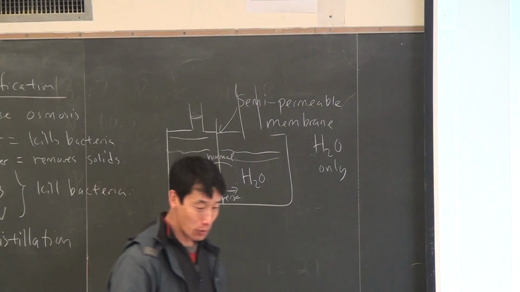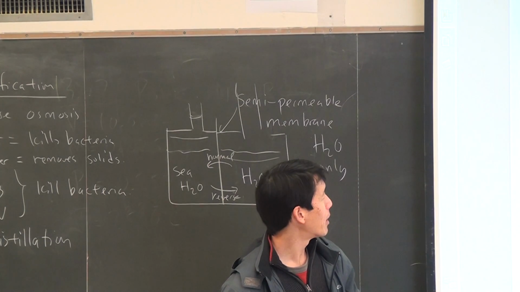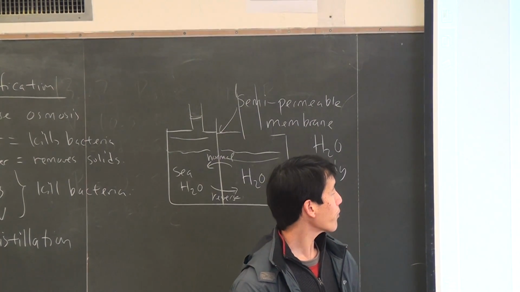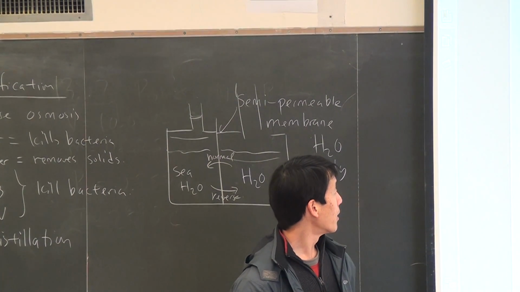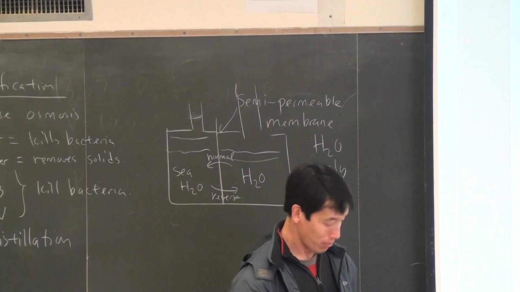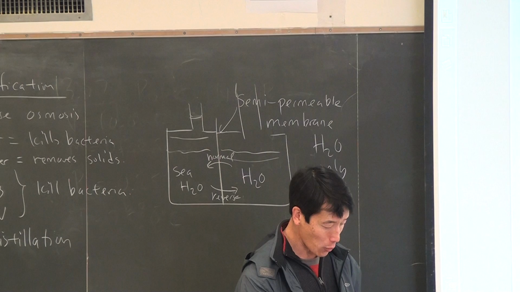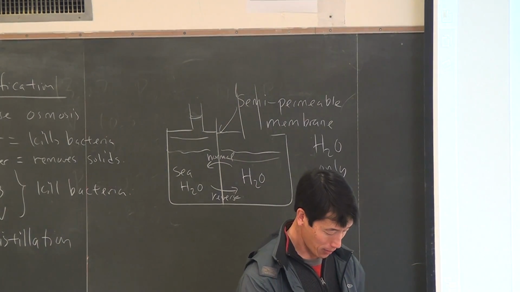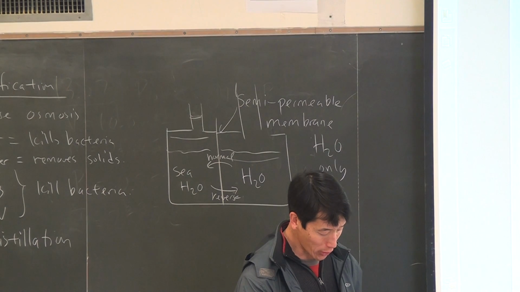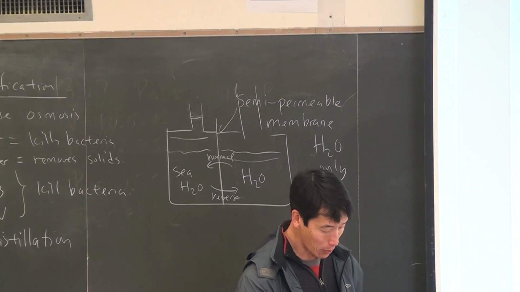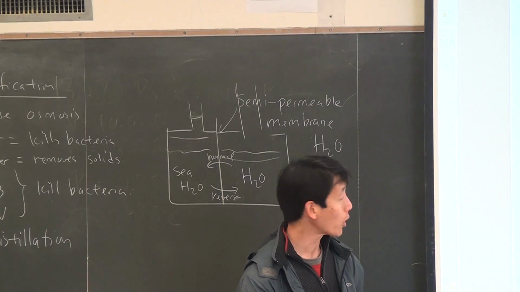So according to the problem, this is actually problem 13.101 on page 464, and let's do part C. What is the minimum pressure in atmospheres that must be applied to seawater at 25 degrees for reverse osmosis to occur?